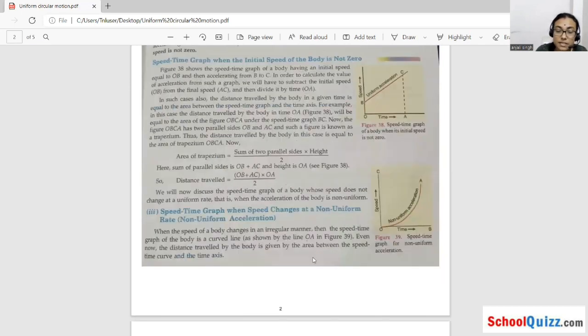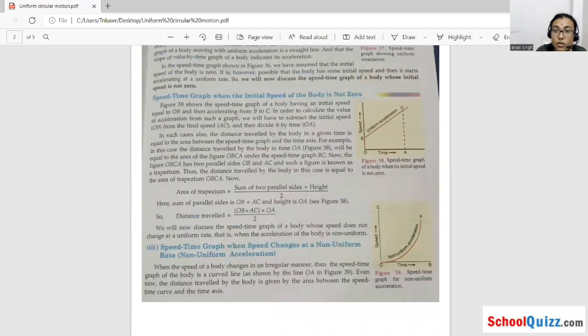Now, the next graph is about non-uniform acceleration. In every earlier graph, you see the speed changes in an equal manner, in equal intervals of time. But in this case, it is non-uniform. Here the speed is changing non-uniformly, and it acquires non-uniform acceleration.